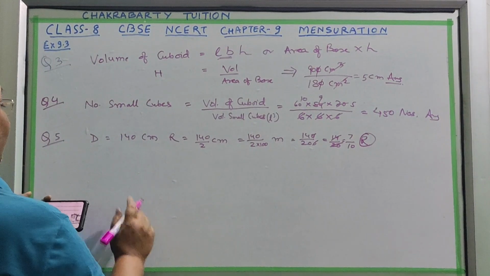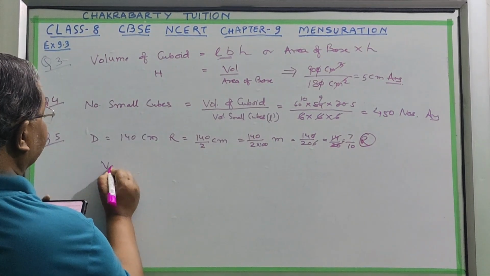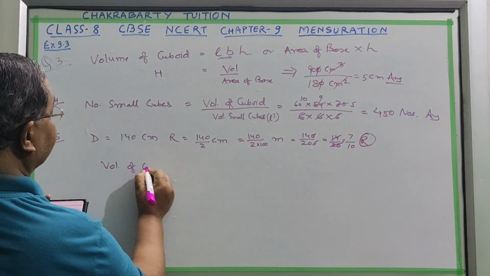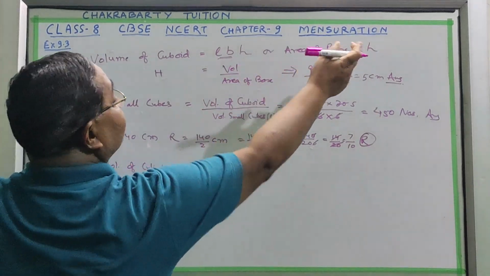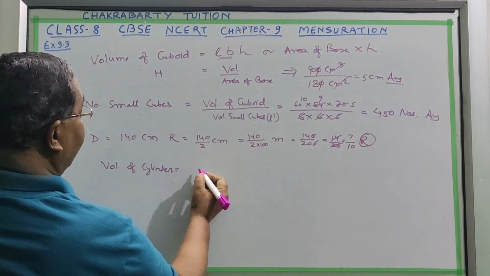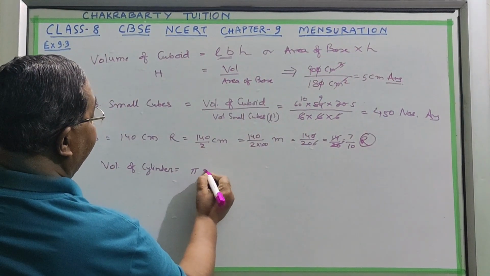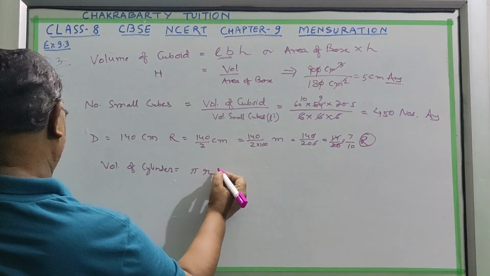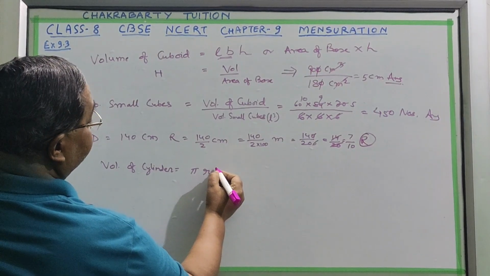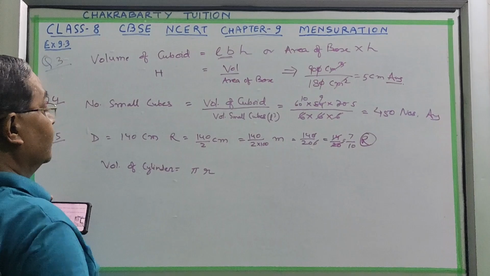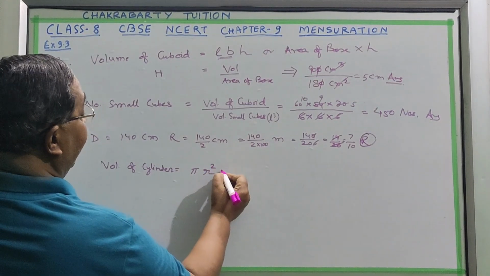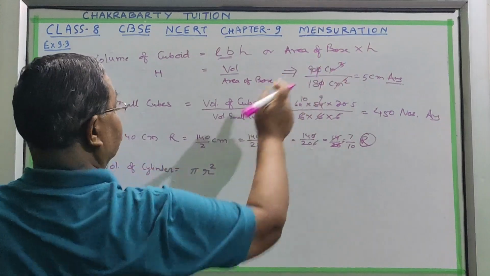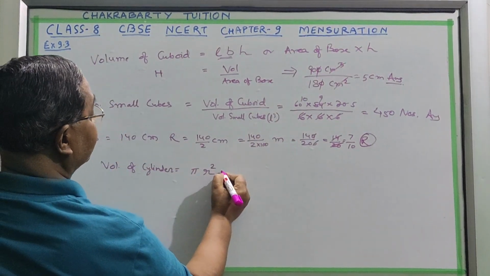Now the cylinder's volume. So volume of cylinder, again the formula is area of base into height. Area of base is pi r square, so volume is pi r square into height.